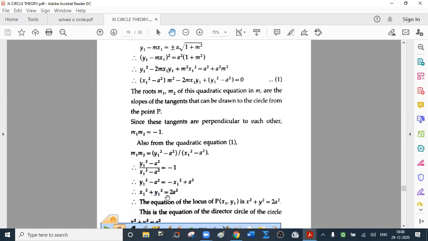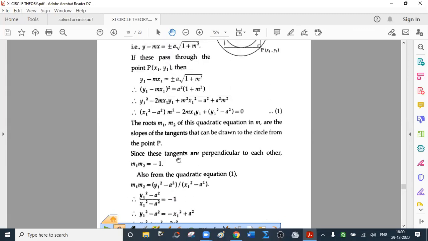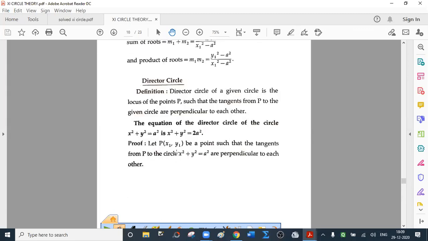Yes, see. So the equation of locus is this. This represents a circle whose center is at origin. And what is radius? Root of 2a square, that is root 2 into a. So can I make a statement that what is the radius of director circle? It is root 2 times radius of the given circle, original circle. Is that clear?